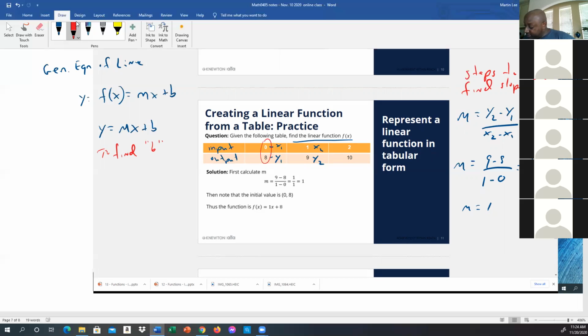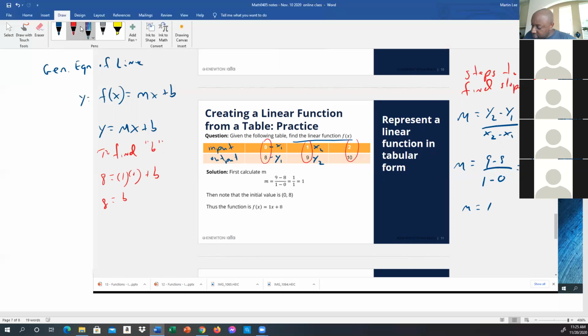I could pick (0, 8), (1, 9), or (2, 10). But I'm going to pick (0, 8). So when y equals 8, that equals m, which is 1, times x, which is 0, plus b. So this is 8 equals b.